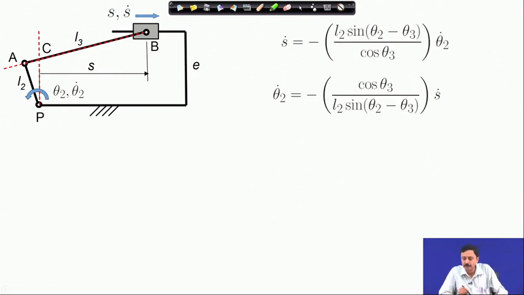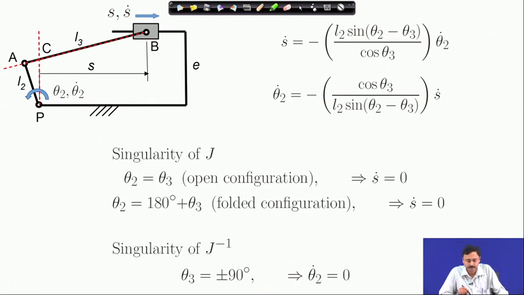So, I have written out these velocity relations again. Singularity of the Jacobian occurs when theta 2 equals theta 3. The singularity is an open configuration, one where s dot is 0, or you can also have a singularity when theta 2 is 180 degree plus theta 3, in which we have the folded configuration, in which also s dot is 0.